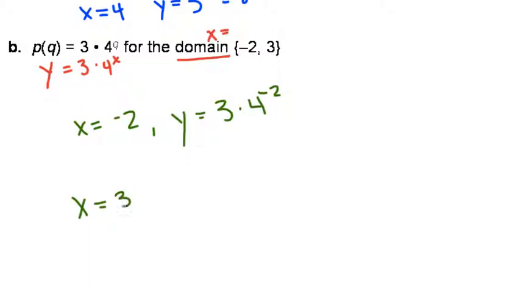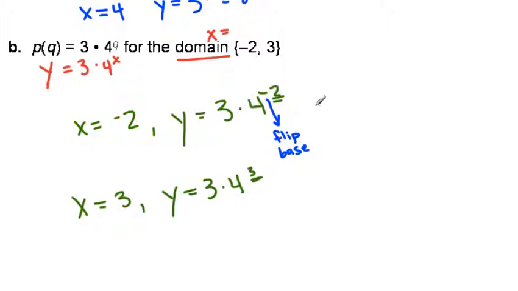When x is 3, we have y equals 3 times 4 to the +3. So we're replacing that x, that variable, with our value for x. Now this negative here should be screaming, waving a flag at you. This tells you to flip your base.